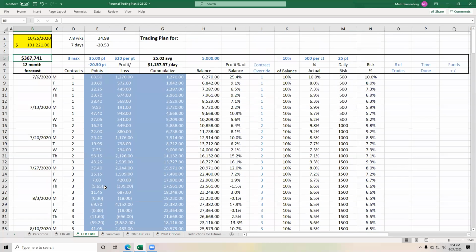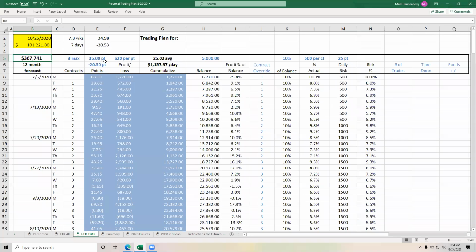So what you're doing is you start to tell yourself all these stories that have no truth and reality in them. And the only truth and reality is, what's your run rate? It's 34.98 points a day on winning days, and it's 20.53 points a day on losing days.